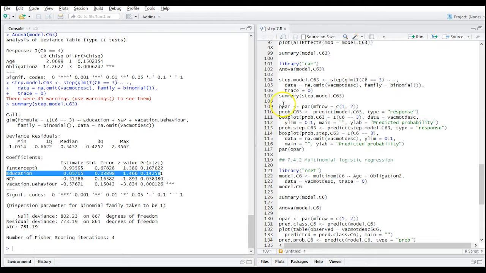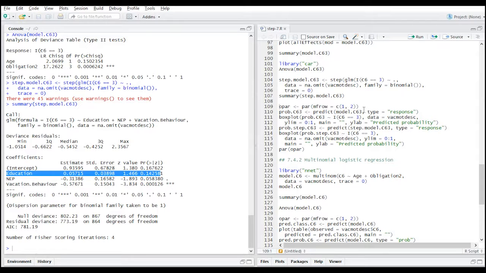If we want to look at the predictive performance of the two models we fitted, we could look at the predicted probabilities. The function predict applied to the fitted model gives us the predicted values for each of the observations we used for fitting.